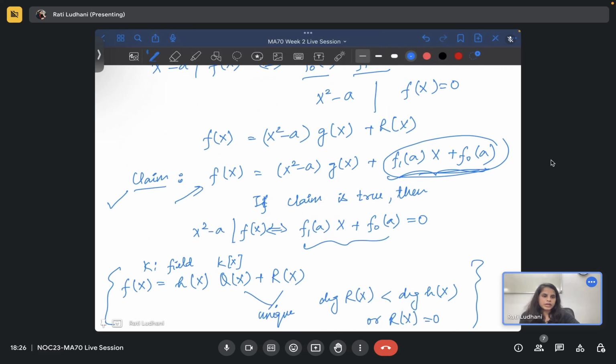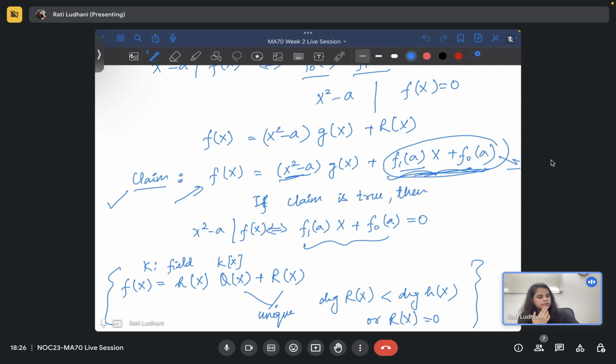If f1(a) and f0(a) are 0, then the remainder is 0. If f0(a) is 0, then it has degree 1. If f1(a) is equal to 0, then it has degree 0. If r is non-zero, then it has degree less than 2. This is an expression of the division algorithm, and it is unique, so we don't need to care whether there is any other possibility of it being 0.